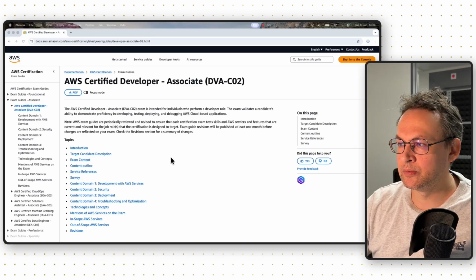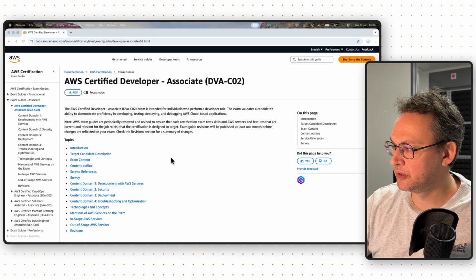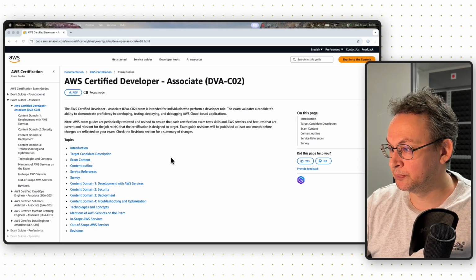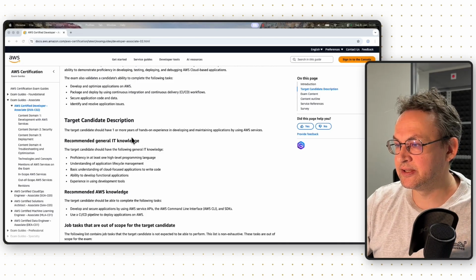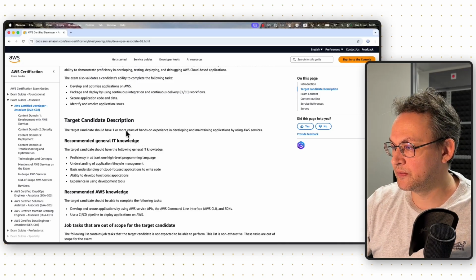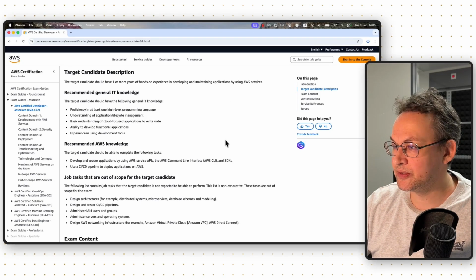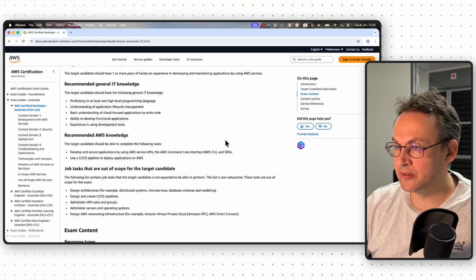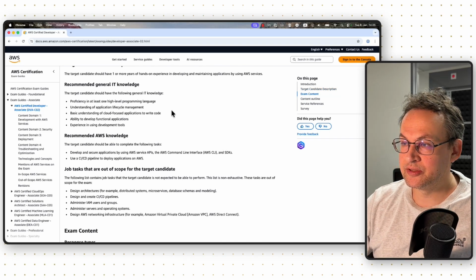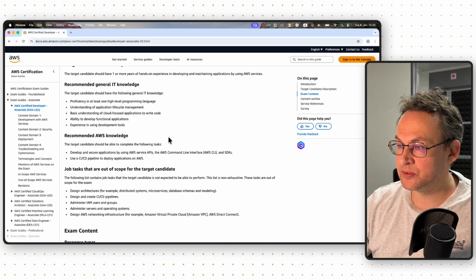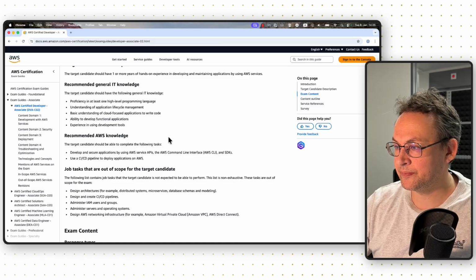The exam is called AWS Certified Developer Associate, DVA-C02. The target candidate should have 1 or more years of hands-on experience developing or maintaining applications by AWS Services. And in the exam guide, they also describe recommended general IT knowledge and recommended AWS knowledge.